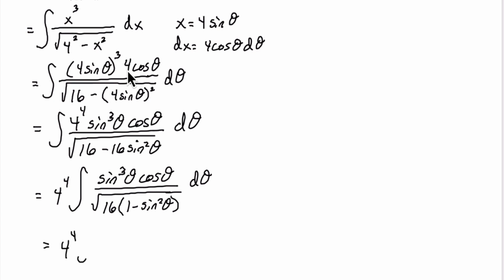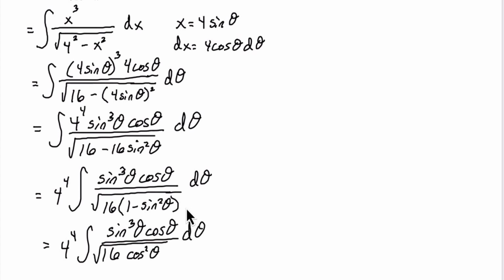Just copy what we have in the numerator for now. And in the denominator, we'll keep the 16 and 1 minus sine squared theta. Hopefully we recognize that as a trig identity. That is equal to cosine squared theta, still under the radical, and d theta is still on the outside.